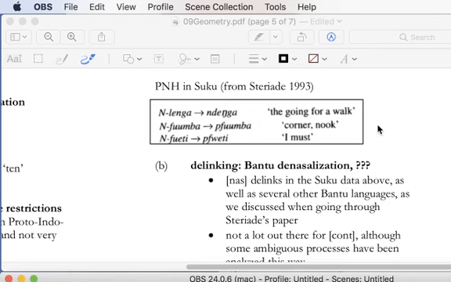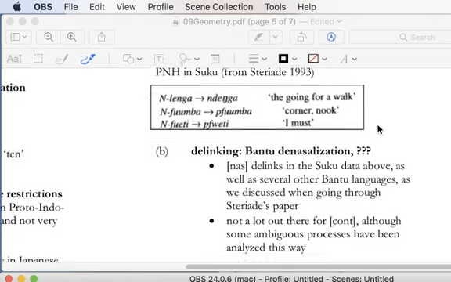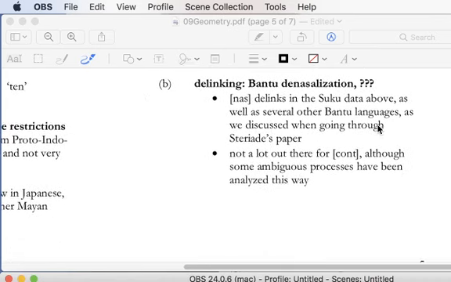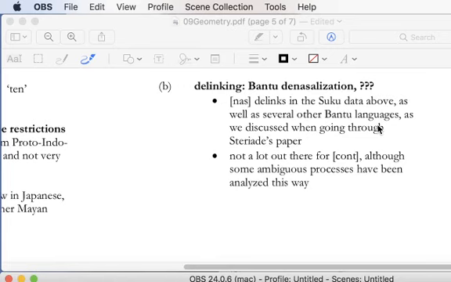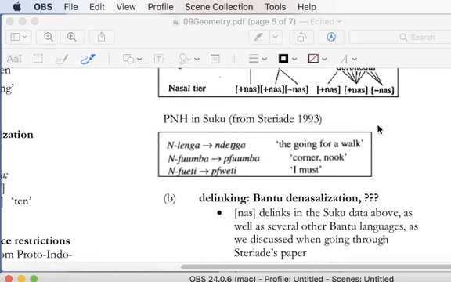What about delinking of nasal and delinking of continuant? Well, we have nasal delinking in the Suku data above, as well as several other Bantu languages. That seems pretty straightforward. So this is not only the spreading of continuancy from that nasal segment, but also the delinking of nasality itself from that segment.